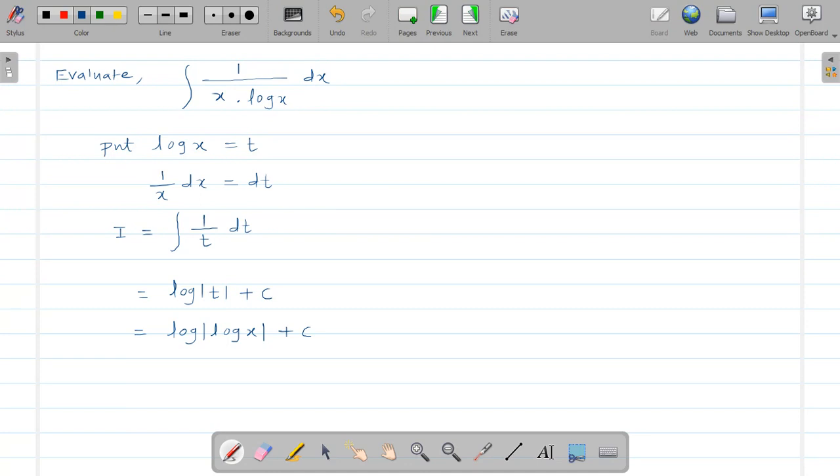So here it becomes 1 upon t, and hence you know the rule of integration of 1 upon t, that is log of modulus of t, and after resubstitution we get log of modulus of log x plus constant. So just observe that the function contains the term and its derivative also in this type.